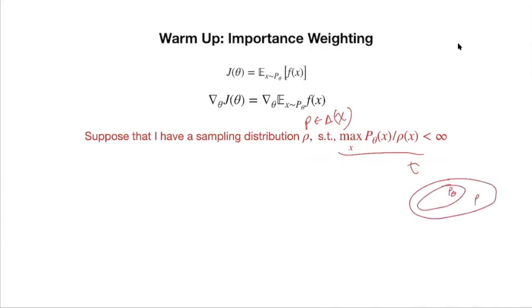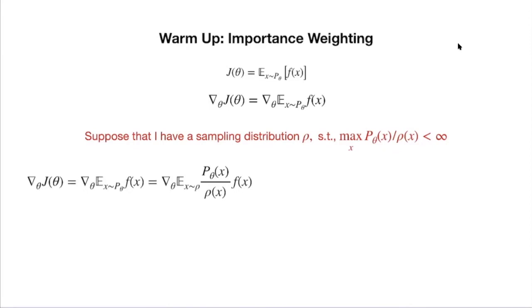So my rho has wider coverage than my current distribution p theta. The reason that I assume that is because I want to make sure I don't put 0 in the denominator, because that's going to make things undefined, ill-defined. So we have this nice sampling distribution. Now I can actually do this trick. This is exactly the importance weighting trick.